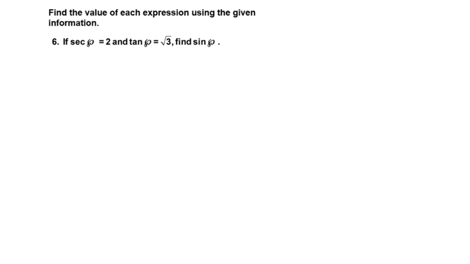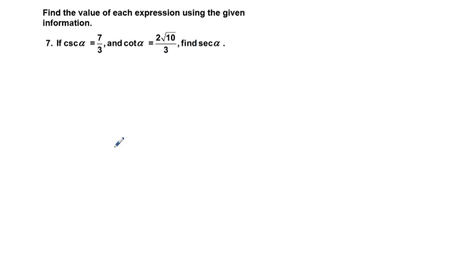Let's go on to our last odd number problem in this set. If cosecant alpha equals 7/3 and cotangent alpha equals 2 square root of 10 over 3, find secant alpha. Well, we're going to need to use different things here to solve this one.